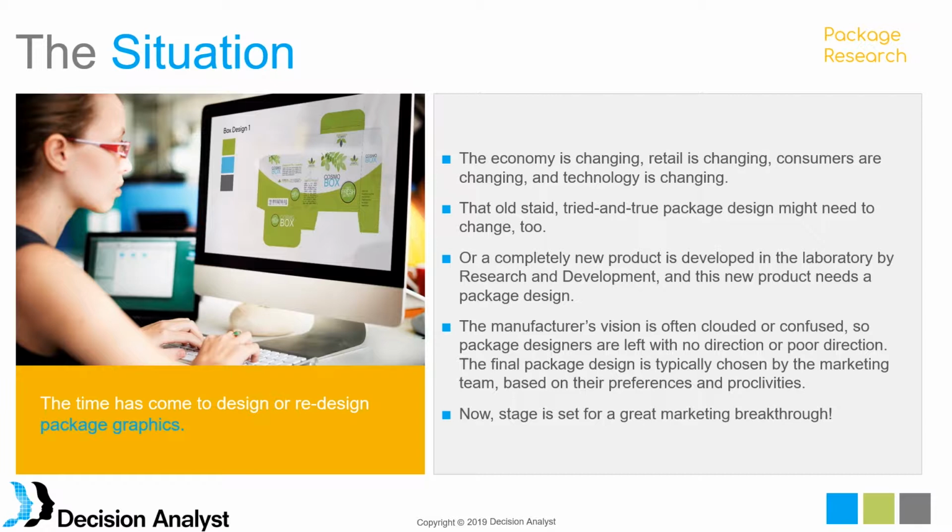The package designers go back and make changes, and it's an iterative process. And after a few weeks, they've ended up with the final package design, and that decision in many, many cases is based purely on human judgment.